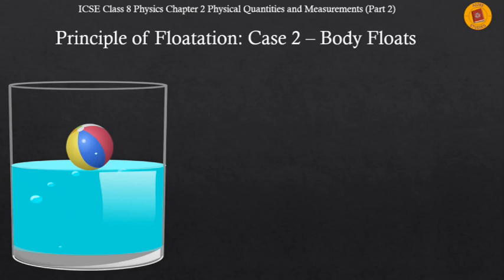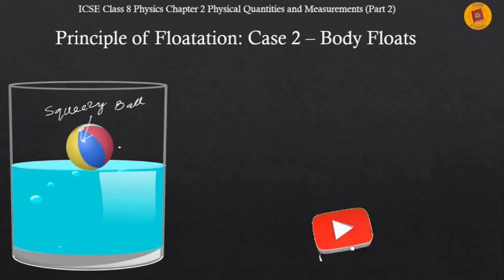It's a very light object, for example, a thermocol ball, or that squeezy ball that we can press. If we put it on the water, we will see that it floats. But keep in mind that the ball has got a minimum weight. Its density is less than water, but it has got a minimum weight.